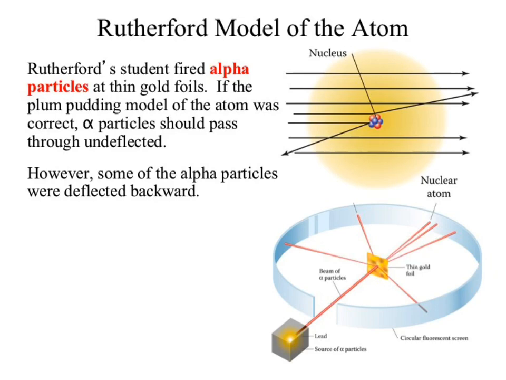Based off of this evidence, Rutherford then further theorizes the existence of something else. There has to be something else present to keep the protons all there. There has to be a glue. What properties of this glue might I expect there to be? Should they be negative? No, because then we'd have electrons. Should they be positive? No, because then we have more protons.